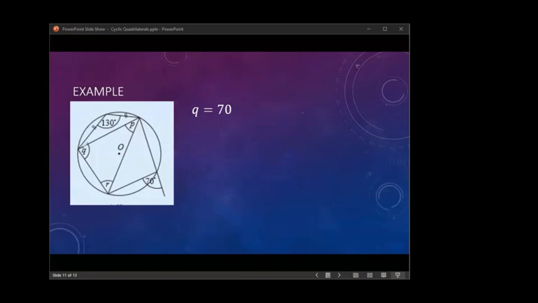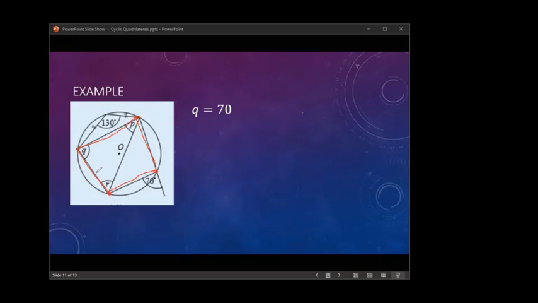See, you have a cyclic quadrilateral here. I'm drawing on that. This is a cyclic quadrilateral because the four vertices lie on the same circle. So this is a cyclic quadrilateral without a doubt.